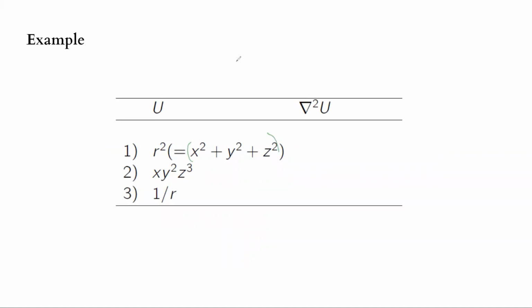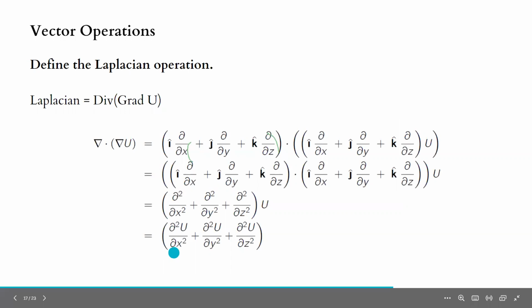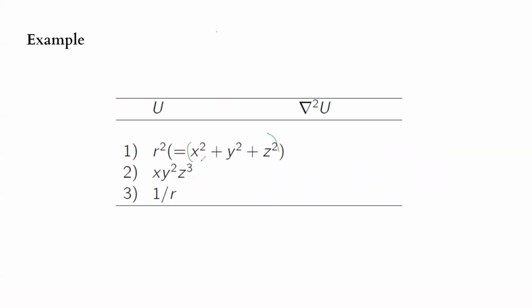Once we see some examples, we can see how it can be computed, right? So if we have an expression like this, the Laplacian function is defined by the second derivative with respect to x plus the second derivative with respect to y plus the second derivative with respect to z, right? So we need to apply those operations on the function.